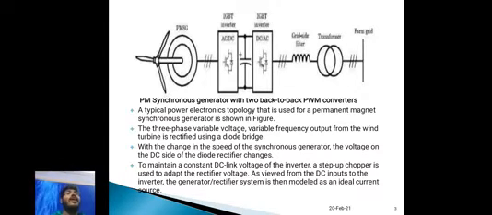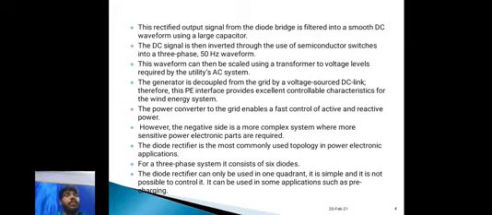To maintain a constant DC link voltage for the inverter, a step-up chopper is adapted for the rectifier voltage. Viewed from the DC input of the inverter, the generator rectifier system is modeled as an ideal current source. The rectified output from the diode bridge is filtered to a smooth waveform in a large capacitor.